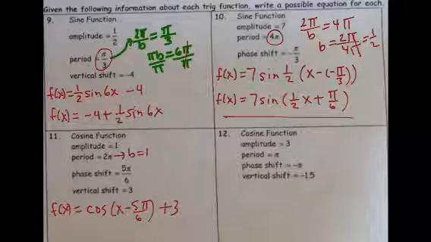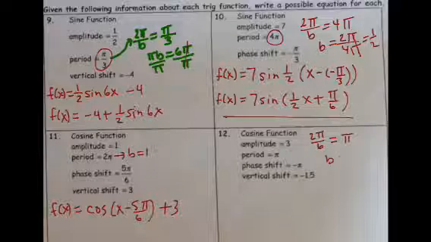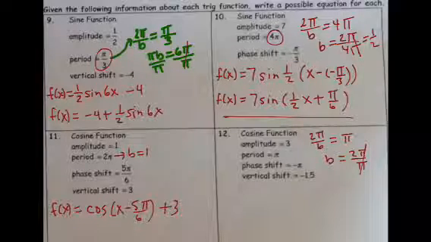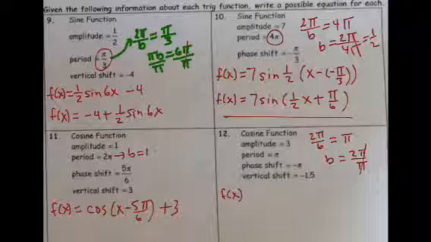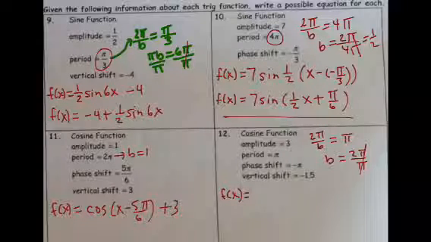And then for 12, we have period is pi, so it's 2 pi over b equals pi. So b equals 2 pi over pi. Cross multiply, and you get 2. And so you have f of x equals, now the vertical shift is negative 1/2. So if you want, you could put that in the front right away.